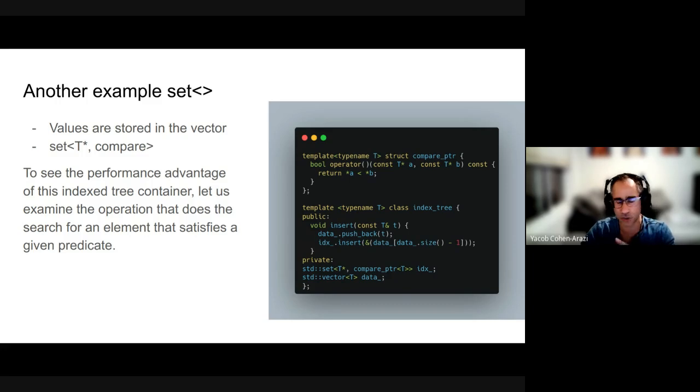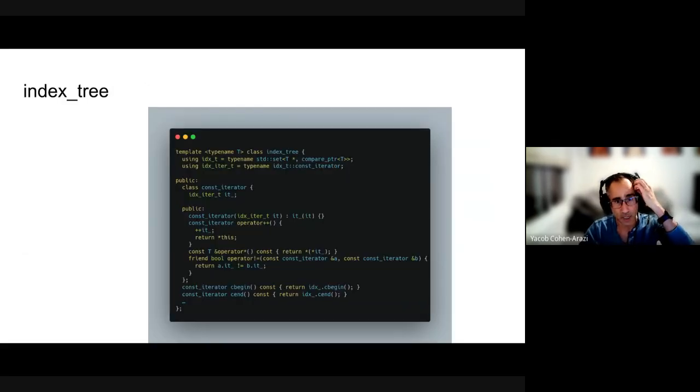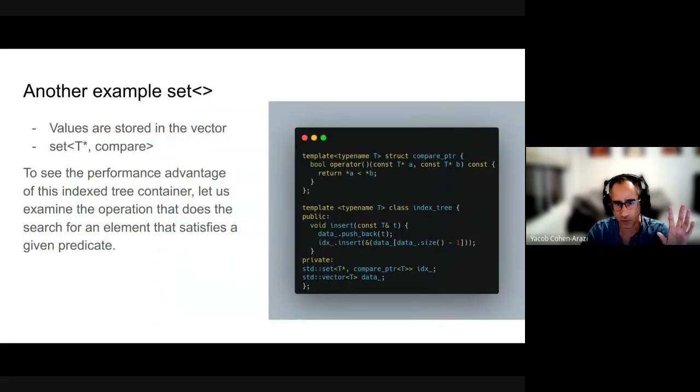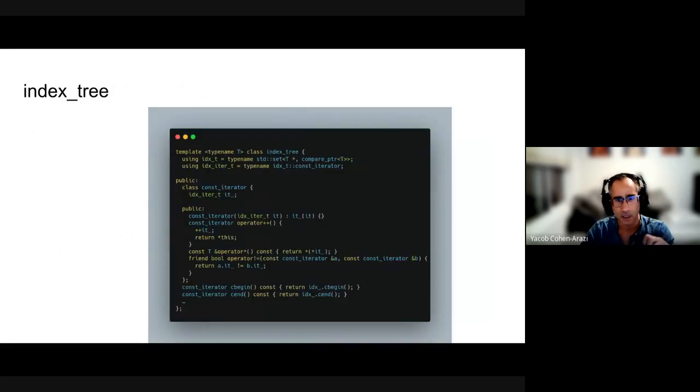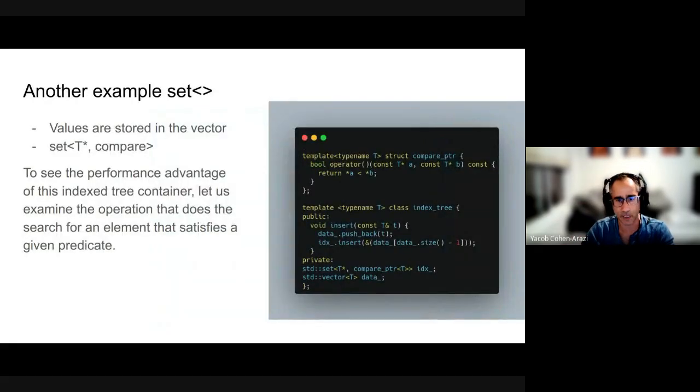Just ignore exactly what the context is, because that's not important. So let's see what's happening here. Let's say this is part of this index tree, and this index tree has an iterator. So I have a way to iterate over the index, and the index, if you remember, is the set.